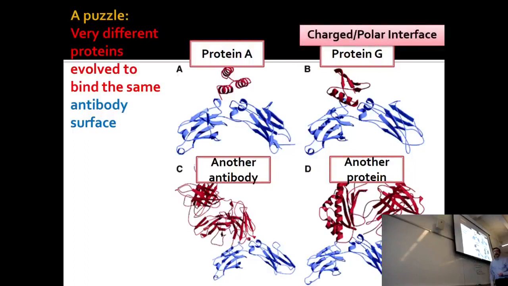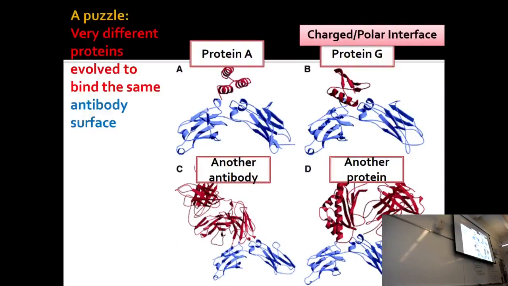So what they wanted to ask is what would happen if maybe they're keying in on the same chemistry? Maybe they're all a charged interface. You look at protein G's binding interface, and it's actually a charged polar interface.